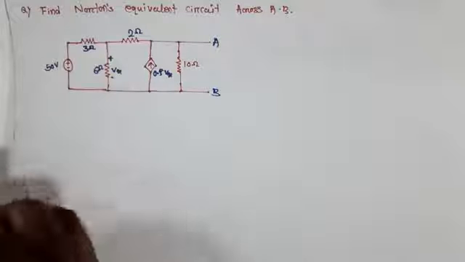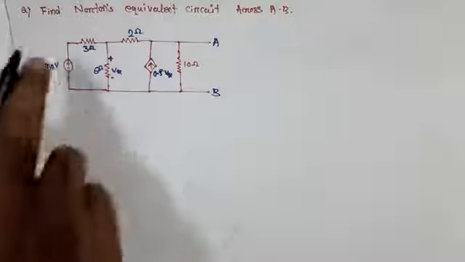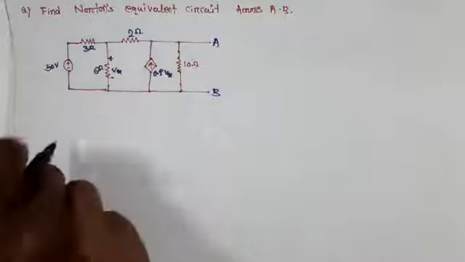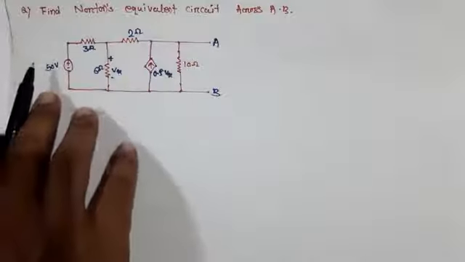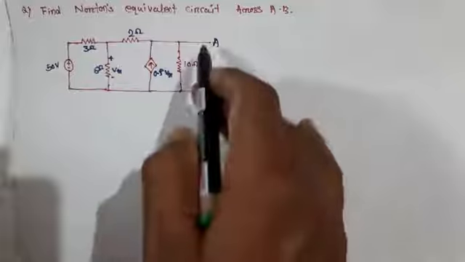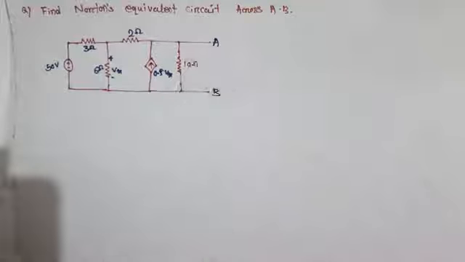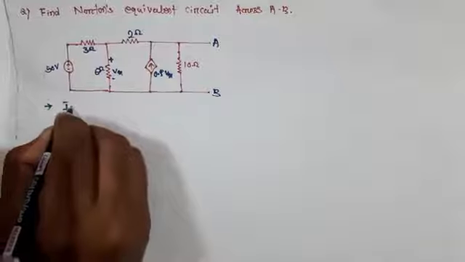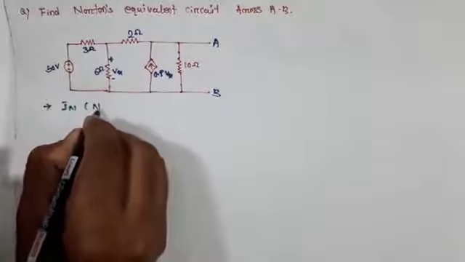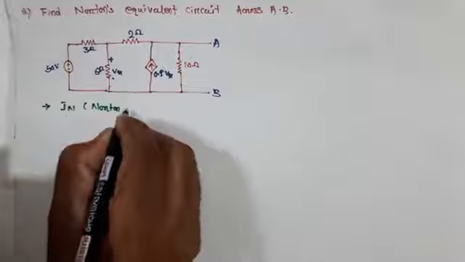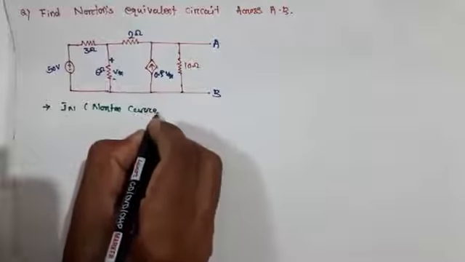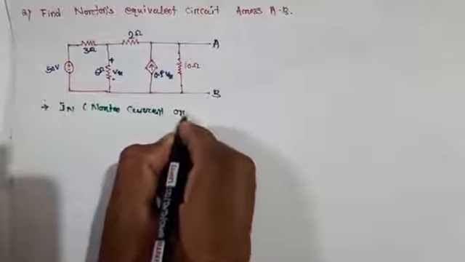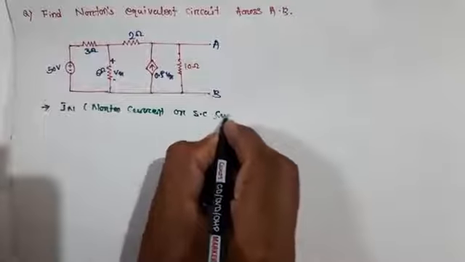Let's start. Here the question is given: find the Norton equivalent circuit across AB. To draw a Norton equivalent circuit we need two components. First one is the Norton current, IN, or you can say the short circuit current.